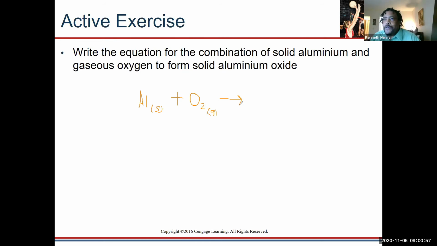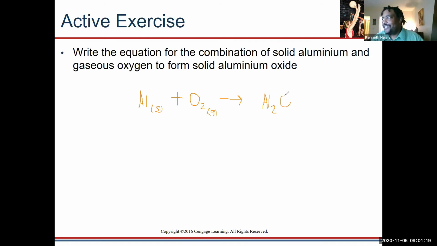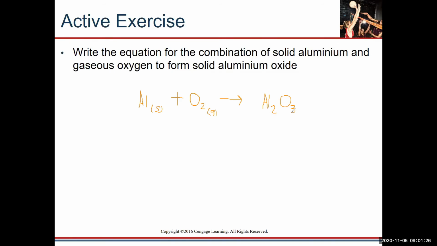That is correct. It will be aluminum oxide. Good job. Now you have to tell me the chemical formula for aluminum oxide. Would it be Al2O3? That is correct. Is that going to be a solid, liquid, or gas? It's going to be a solid. Good job.